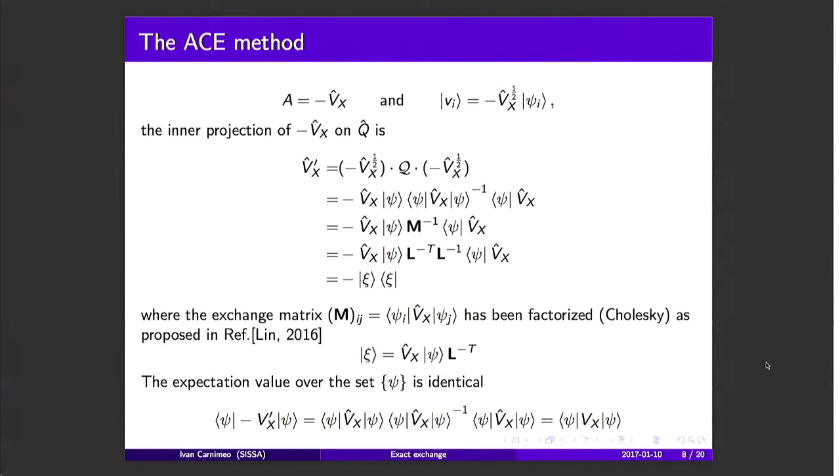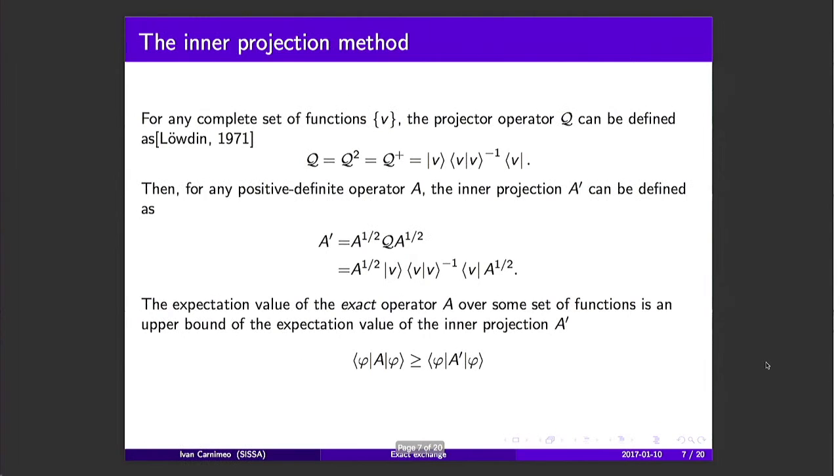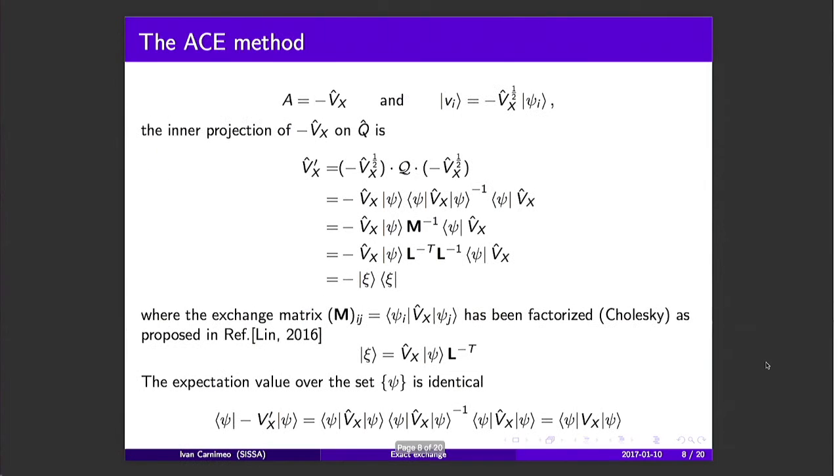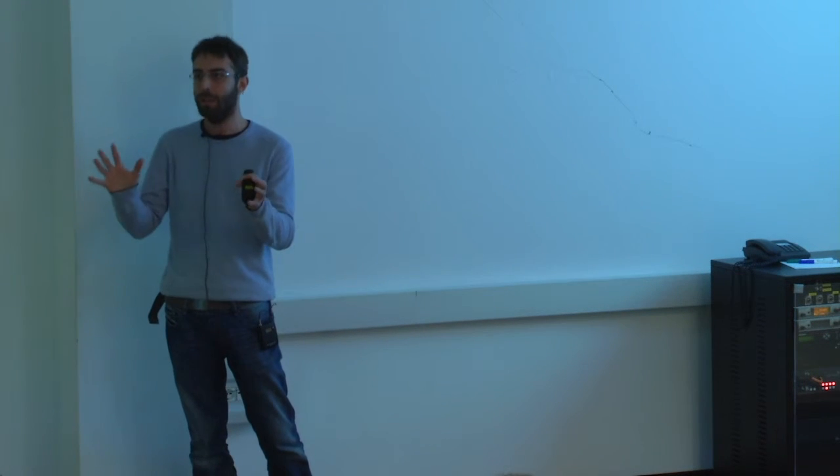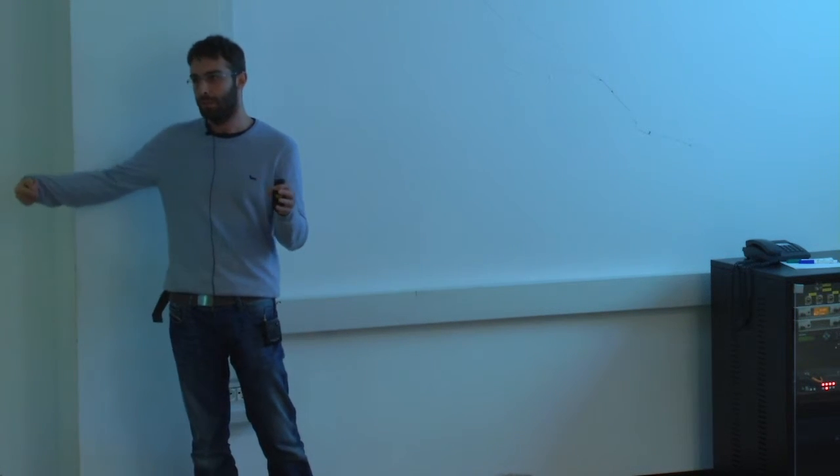So how can we apply this to our exchange problem? Okay, the condition, since here we need the square root, is that the operator must be positive definite. So in order to apply this to the exchange operator, we define that A is minus Vx, because Vx is negative definite. And we define as an auxiliary basis set this basis set, which is defined by means of the psi functions, which are the functions which are kept frozen in the density matrix in the inner loops.